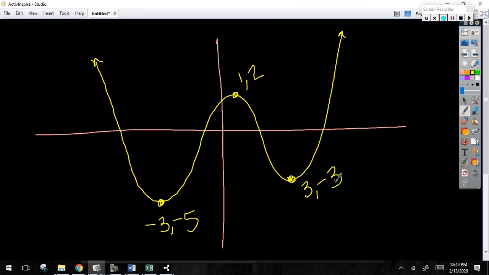What do you think the domain is? Domain describes what? It describes the x. It's negative infinity to infinity. The range is going to be the one that's a little bit harder. Bottom up.